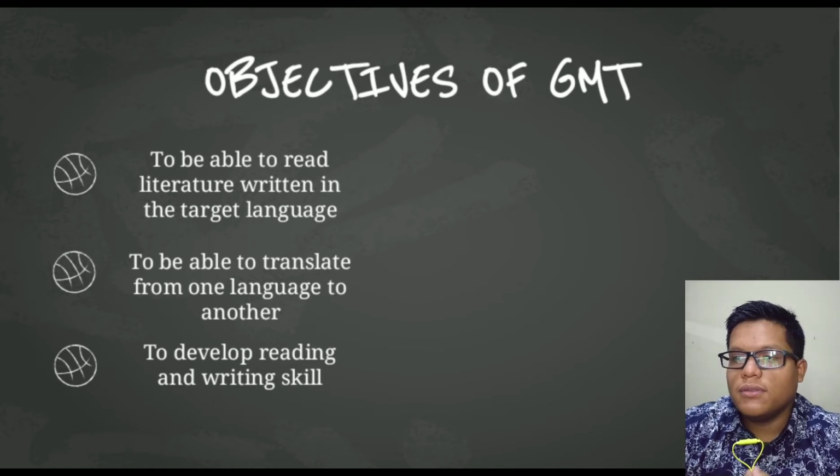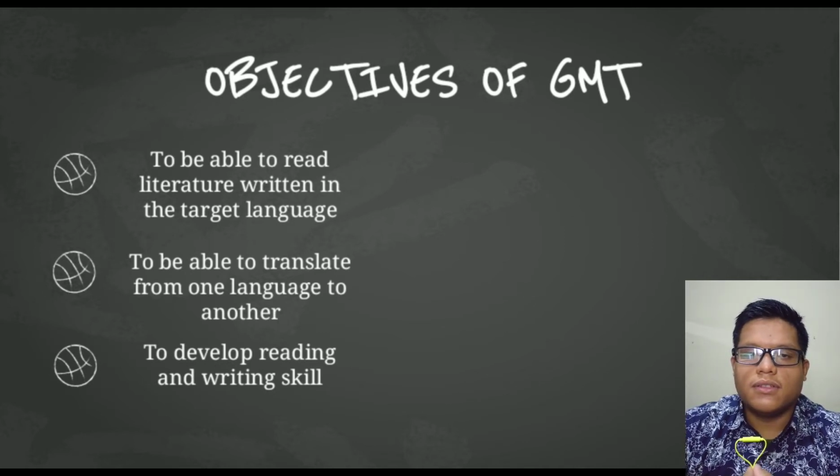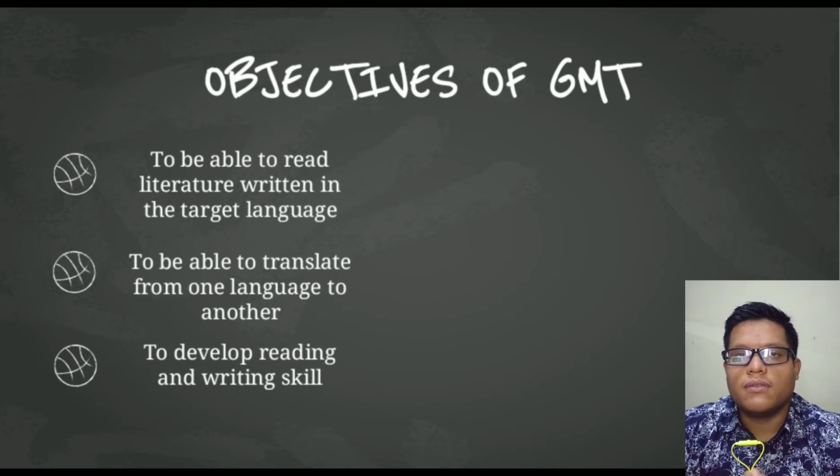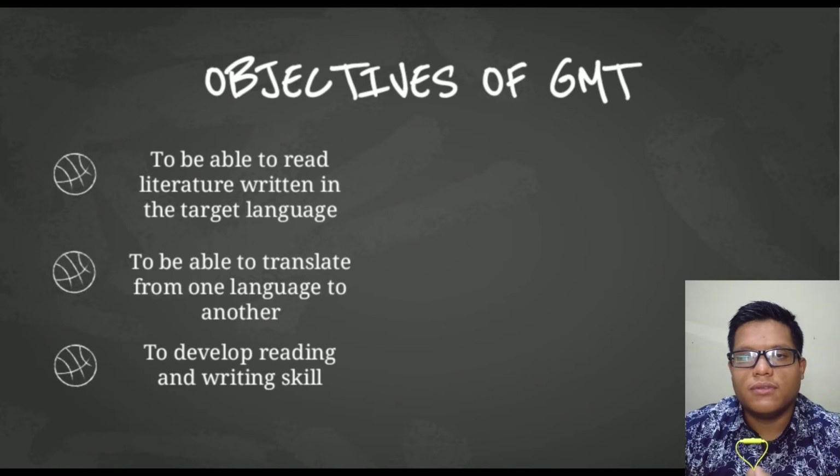Number two is to be able to translate from one language to another. Commonly when we learn a new language, we hope we can translate our first language to our target language. For example, we want to learn Spanish.